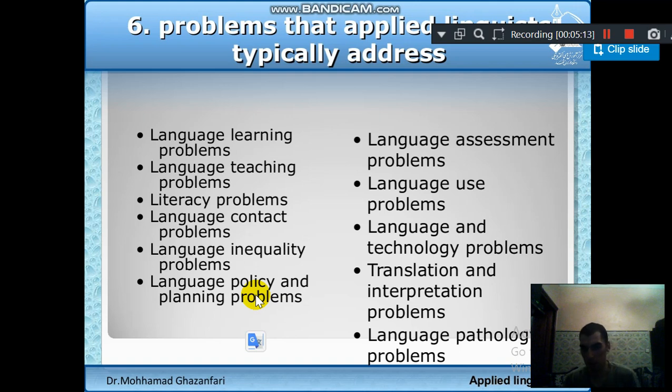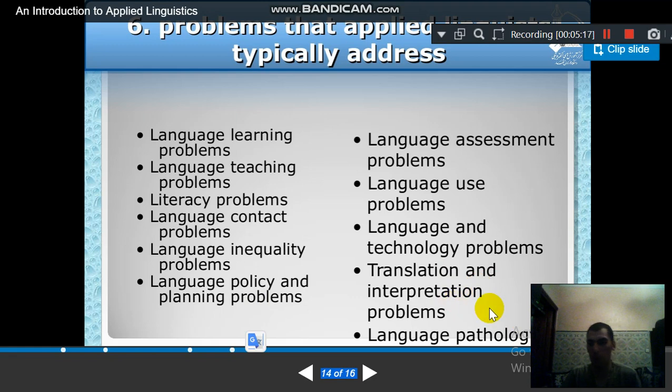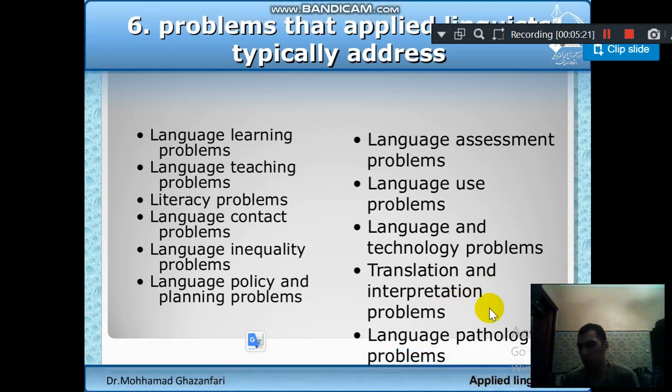He stutters, as we say. Pathology has to do with disease or disorders. Another example of language pathology is Wernicke's aphasia and Broca's aphasia. These have to do with language problems having to do with understanding language, perceiving language, and producing or generating language.